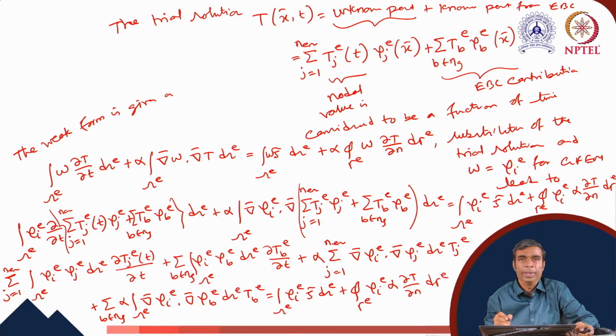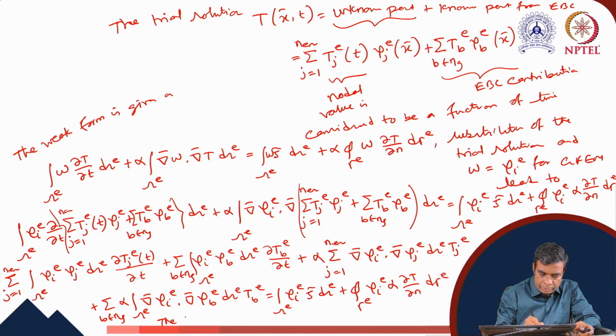If we look into these terms, we can see that the first term and third term are containing the unknown terms, and the remaining terms are the known terms and contributed by the boundary conditions of essential type. Because of this, the second term and fourth term in the left hand side will be shifted to the right hand side.